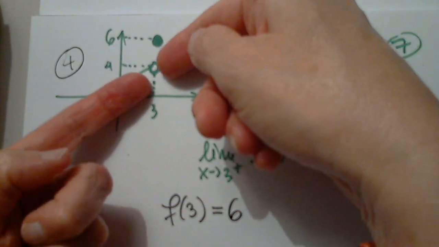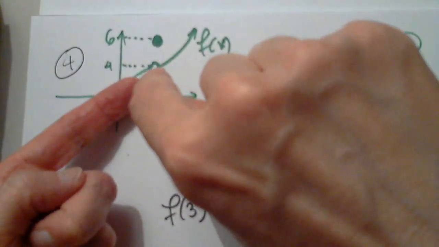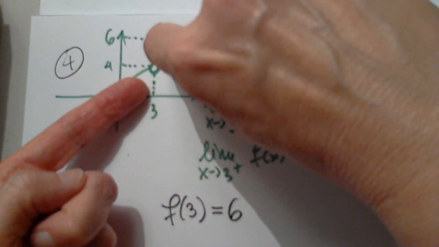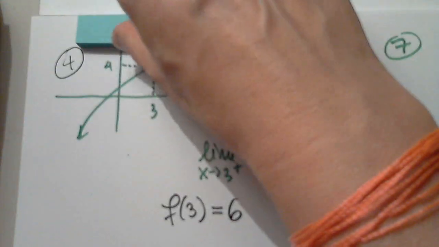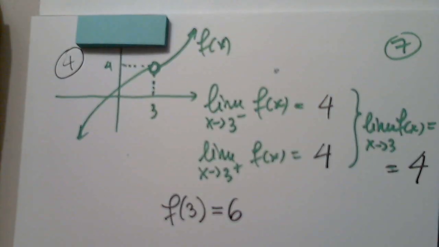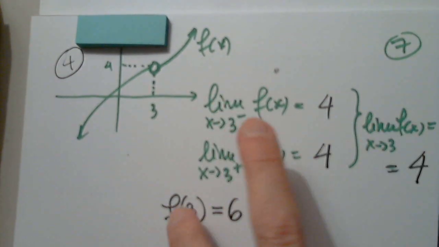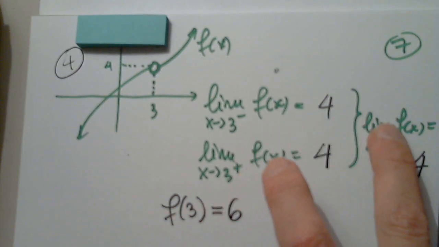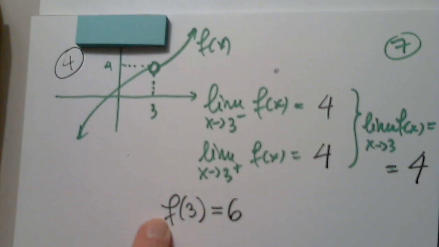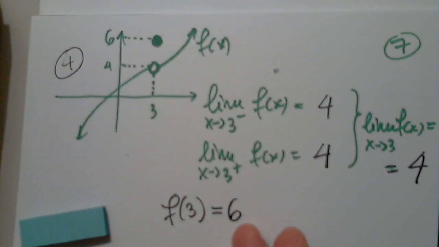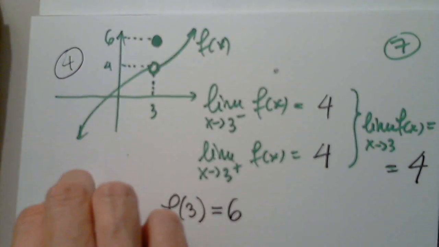The limit may exist even if the function is not defined there, but it's defined somewhere else, or not defined at all. So the tendency does not mean the function value. Understand that these two concepts are different. This says find the function value at 3. It can be 6 or it can be DNE.